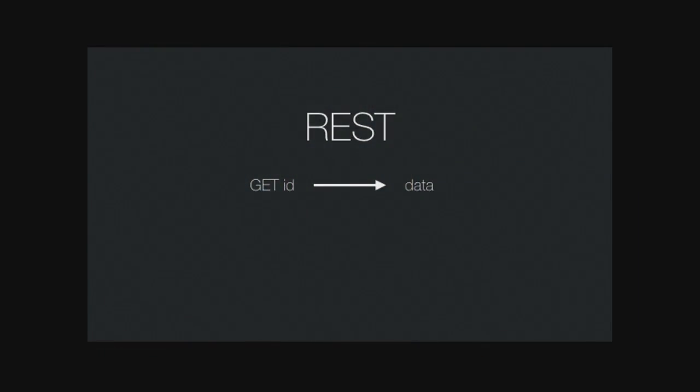So what's wrong with REST as an API backend? It's ID-based. You get an ID, and you get back some data. That sounds all right at the beginning, but then you need to get more data from more endpoints. And worse still, you need to get data by ID that comes from previous data.